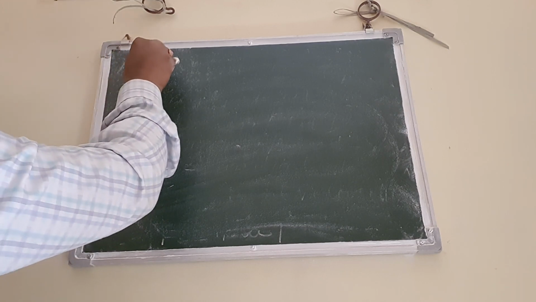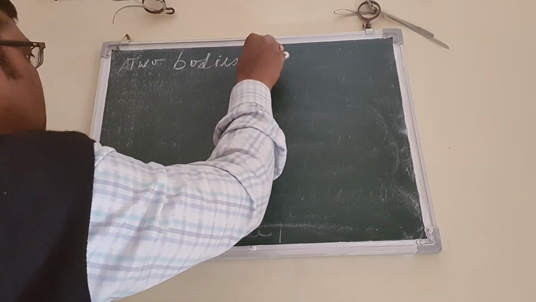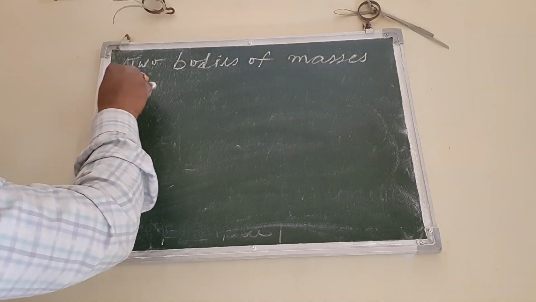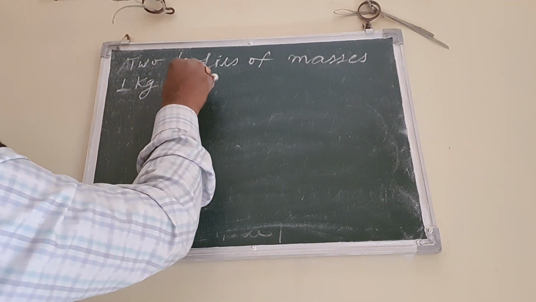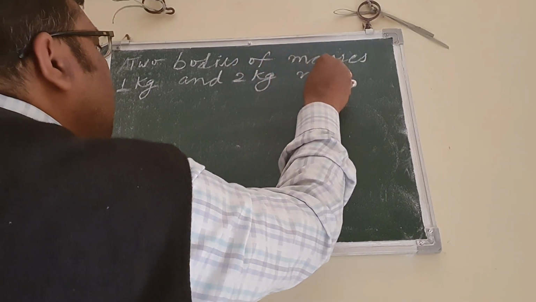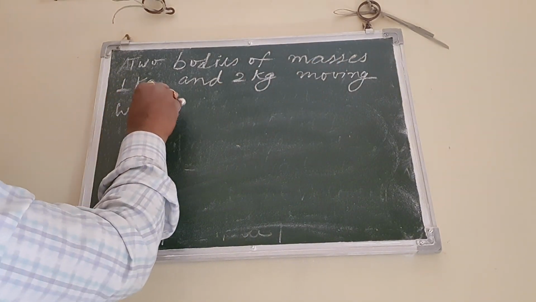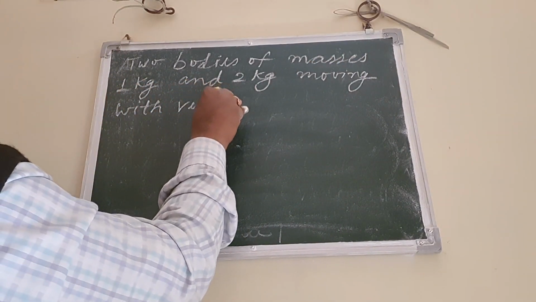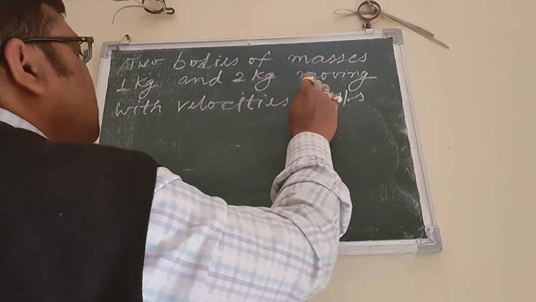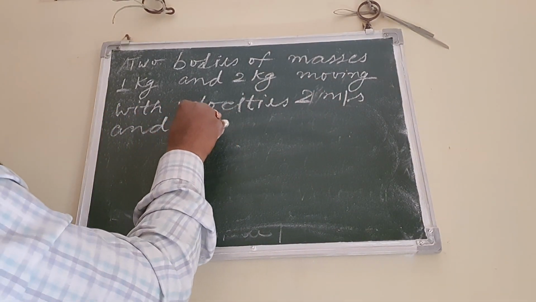Two bodies of masses 1 kg and 2 kg moving with velocities 2 meter per second and 1 meter per second respectively.